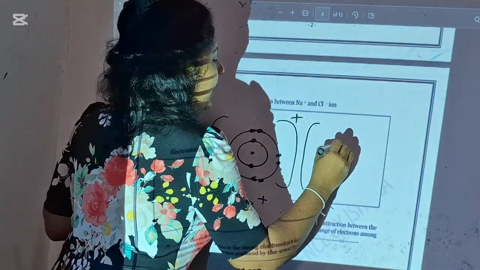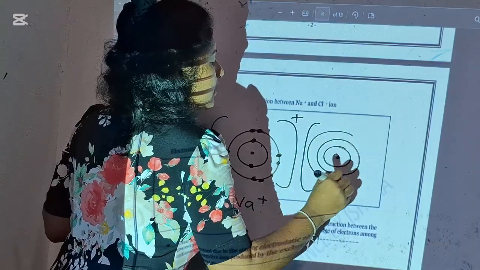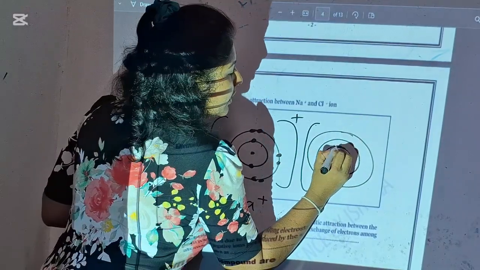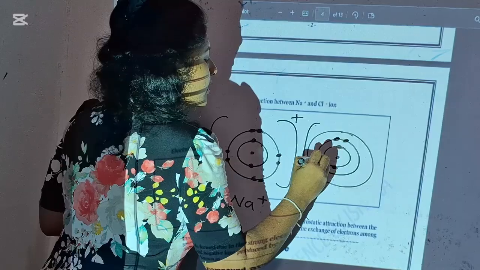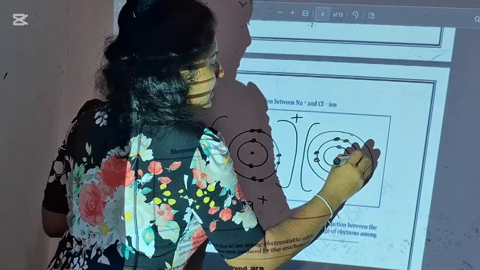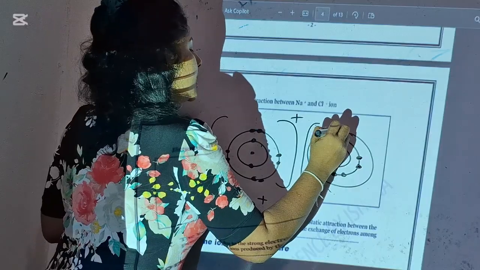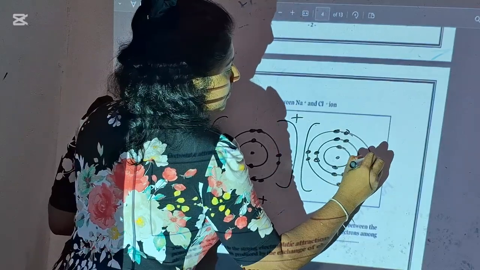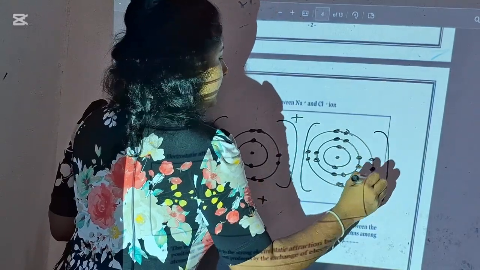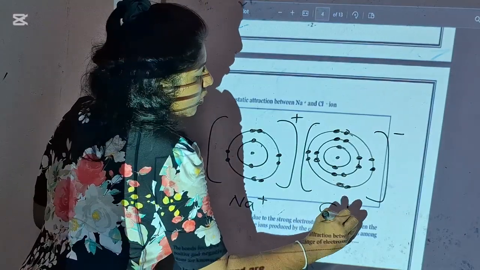So chloride has 3 shells. So shall we draw it? For the first shell 2 electrons. For the second shell 8 electrons. For the last shell again 8 electrons. Getting minus. That is chloride.